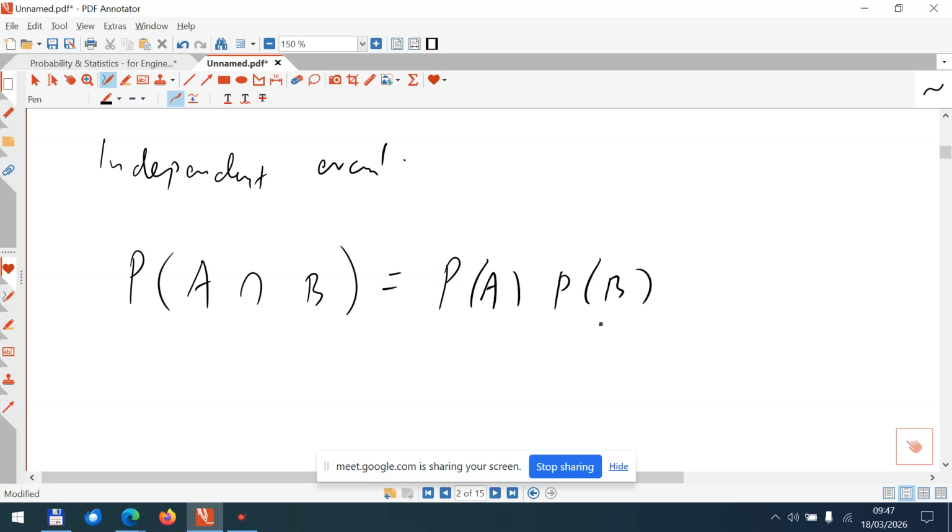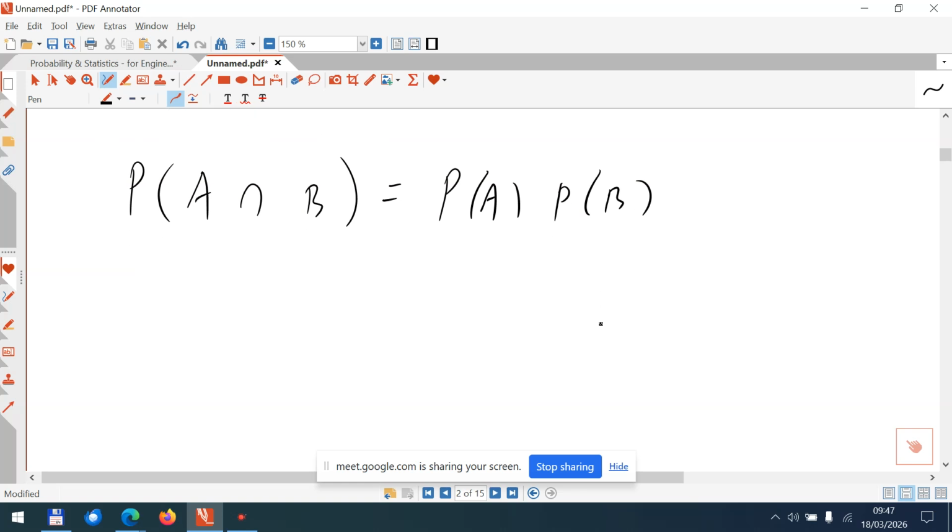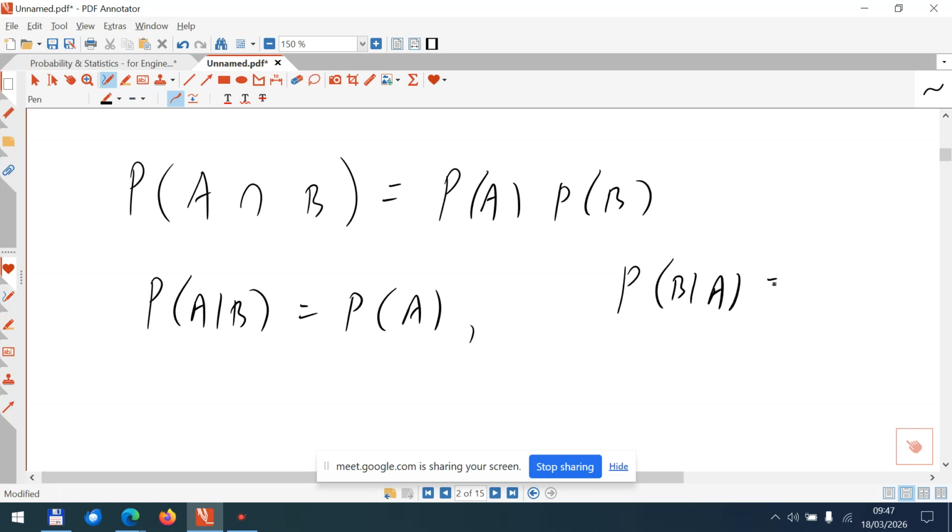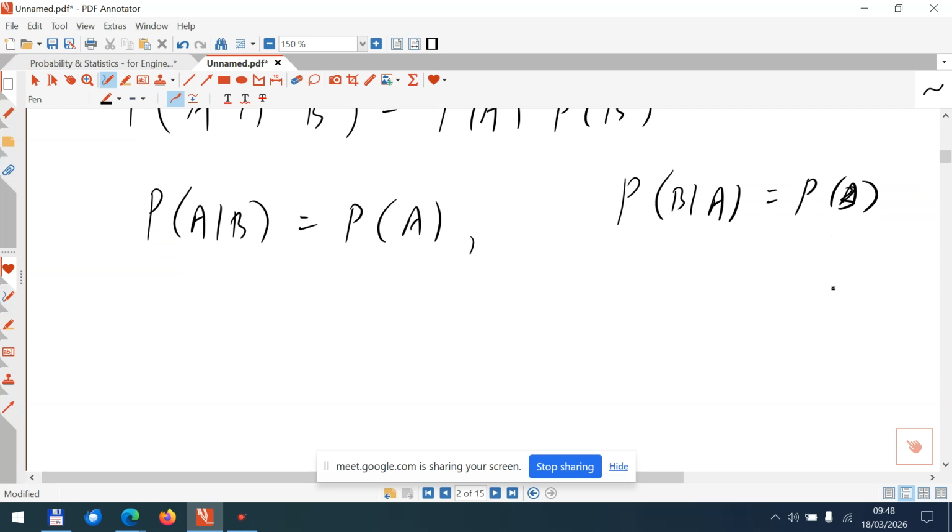What this also meant is that the conditional probabilities will be the same as the unconditional probabilities. So it doesn't matter whether you condition or not. Similarly, P of B given A will be the same as P of B. Now this language translates very easily to random variables.